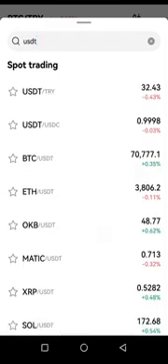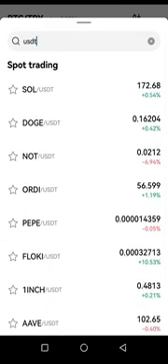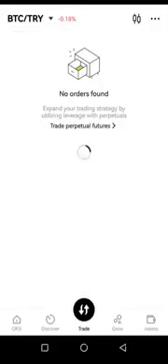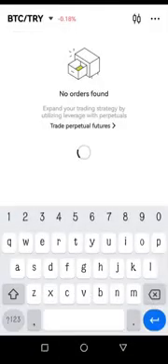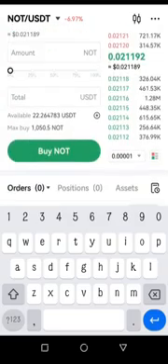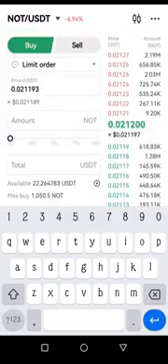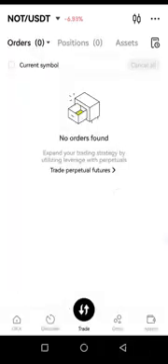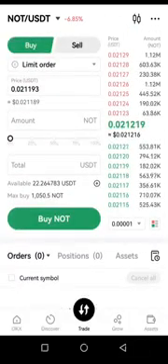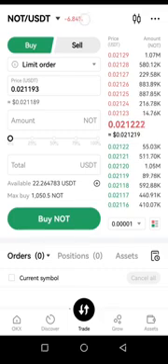Then I'm going to look for a popular pair to work with. Let's go with Notcoin again. Here I'm going to show you how to understand the trading order. I'm going to swipe down here to see my trading panel. The first thing I want you to look at is this icon right here.